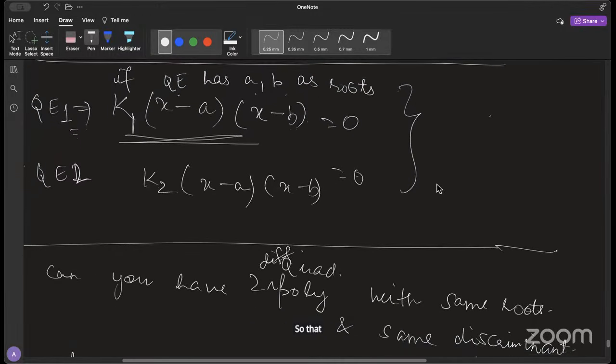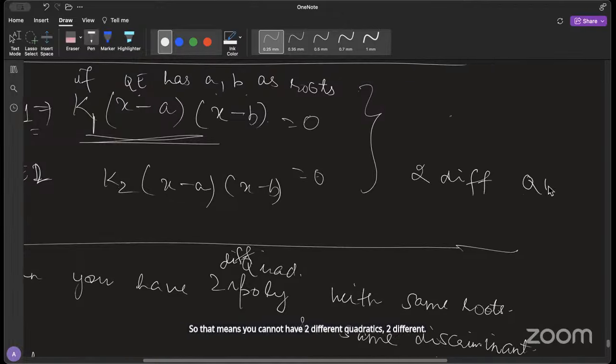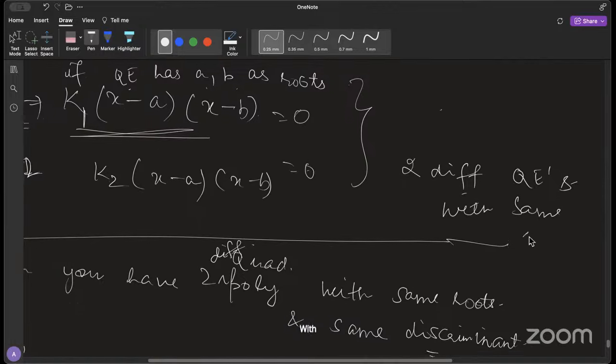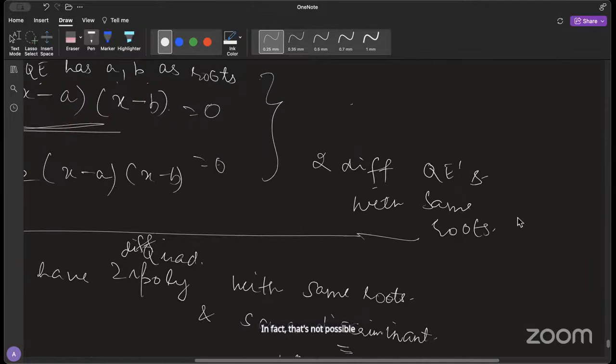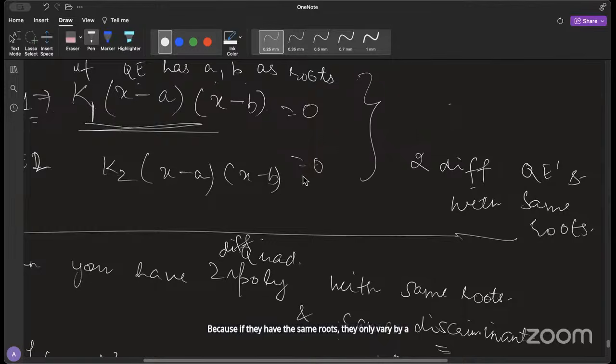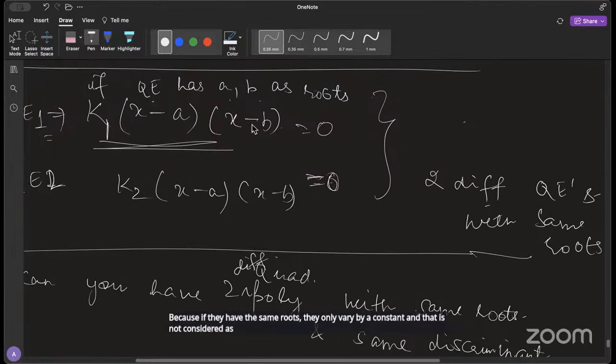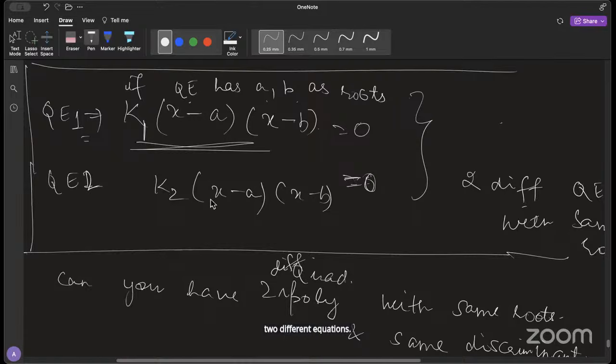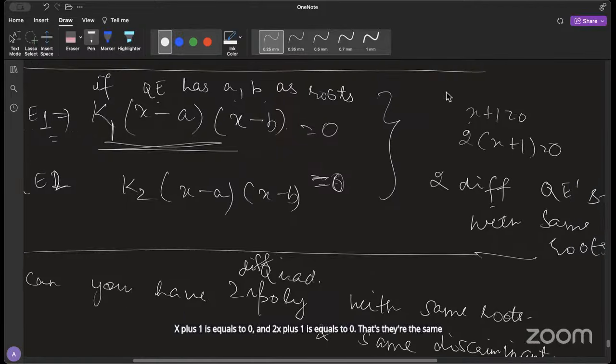So you cannot have two different quadratic equations with the same roots. In fact, that's not possible. Let's not go to the discriminant here. We don't even need it. Because if they have the same roots, they only vary by a constant, and that is not considered as two different equations. x plus 1 equals 0 and 2x plus 1 equals 0. They're the same equations, right?